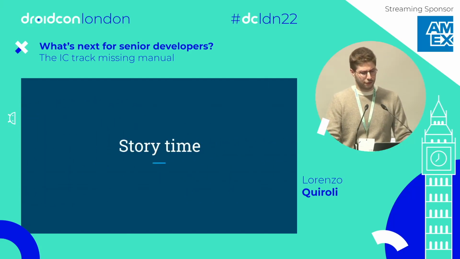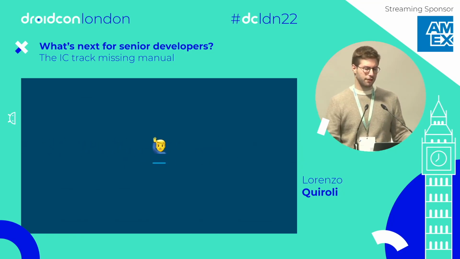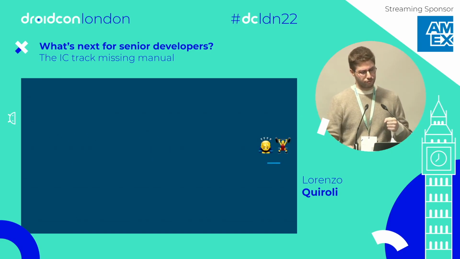Let me start from a story. This is something personal, but that also mixes in some experiences from people I know. Meet Joe. Joe is a senior developer. He's been in the same company for 2 or 3 years now. He knows the company very well. He has always performed very well, and he really likes being in his job.